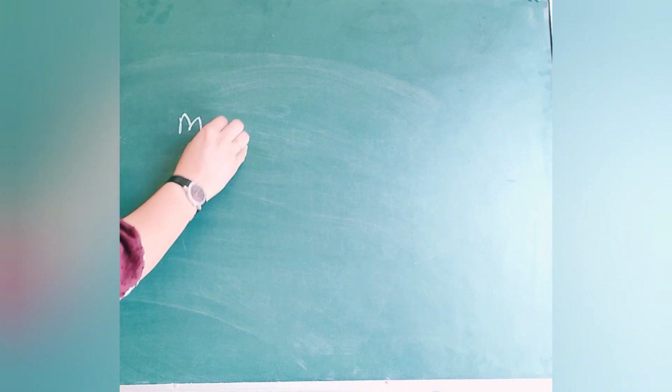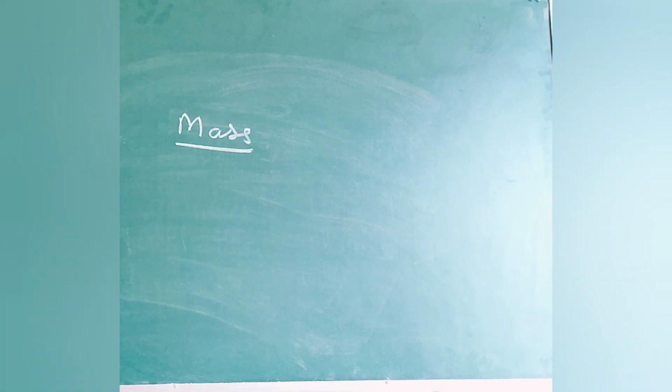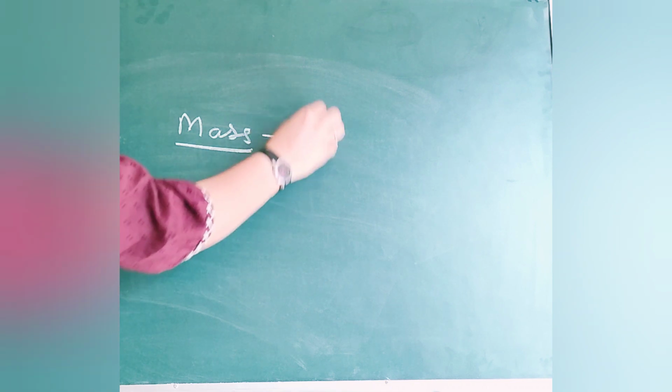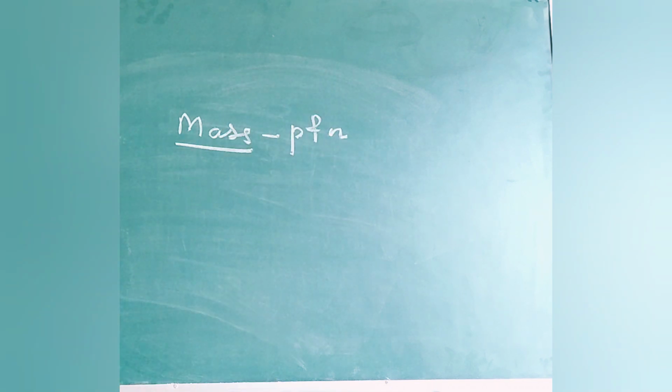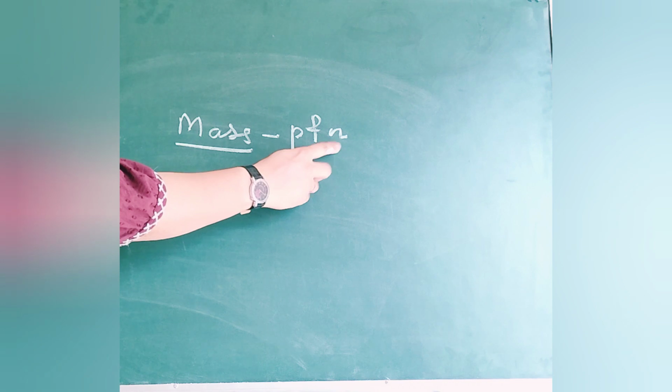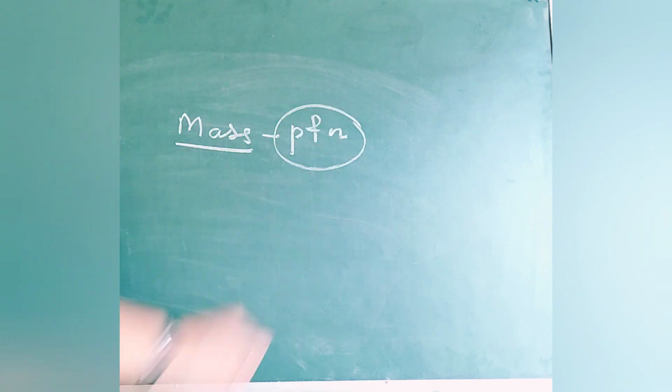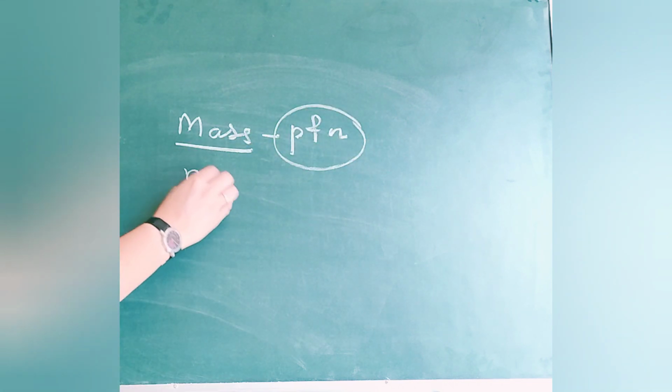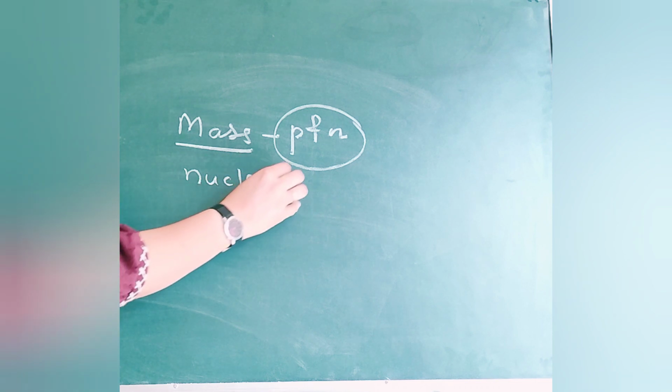Mass of atom is due to protons and neutrons. Here we are saying protons and neutrons, they are present in nucleus. So we call them nucleons.